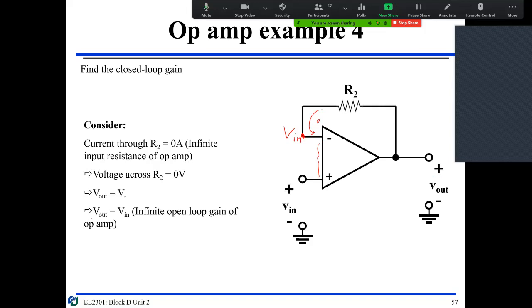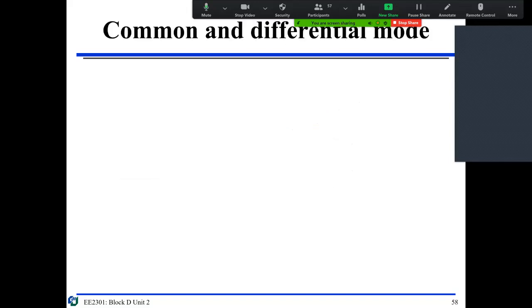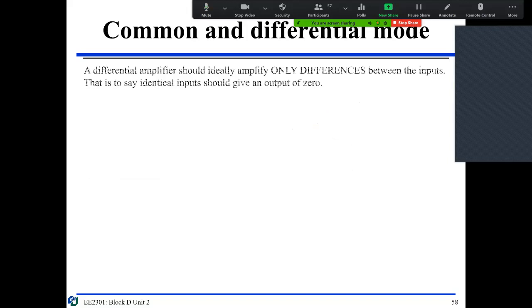That's simple. Things like this can be quickly reasoned from the 3 ideal conditions of op-amps. So quiz number 1 is basically asking you to reason that. Please do it carefully.